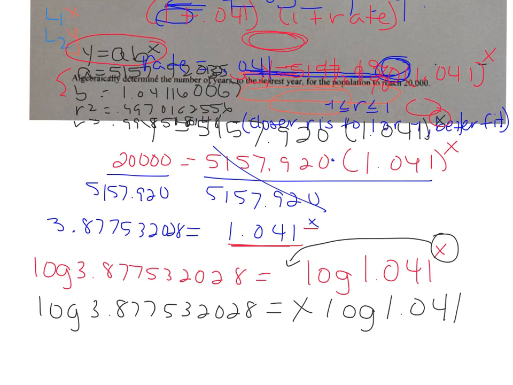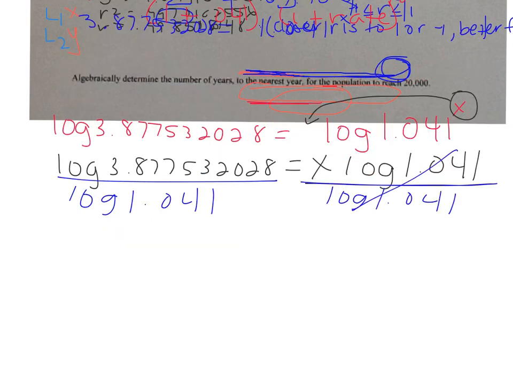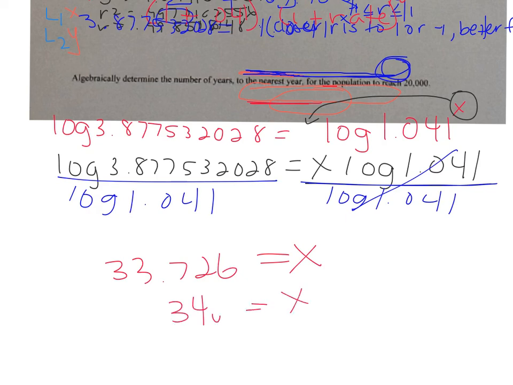And now we'll divide both sides by log 1.041. Okay, so we get x equals, just plug it into your calculator, 33.726. It says to the nearest year. So it will take 34 years for the population to reach 20,000.